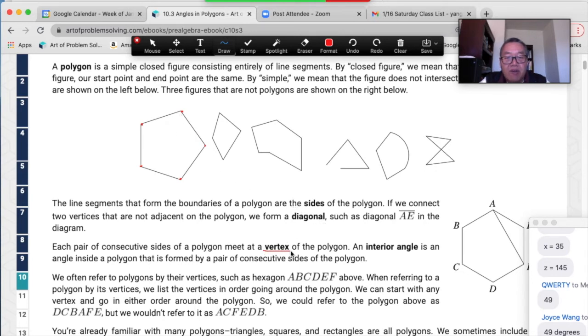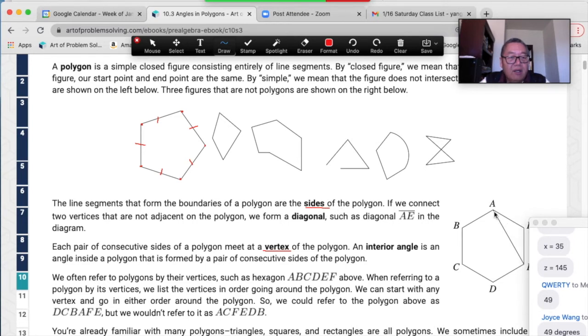Each one is called a vertex. Here we have 5 vertices. And the connection between any 2 vertices we call a side. So the pentagon has 5 sides.